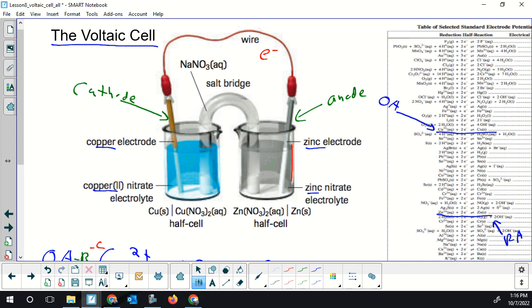So from our anode, electrons are going to flow to the cathode. They're lost at the anode, they're gained at the cathode. Now at the cathode, they're going to go through the wire, down through the cathode, down to the solution so they can be gained by the copper 2 plus ions, down in solution.